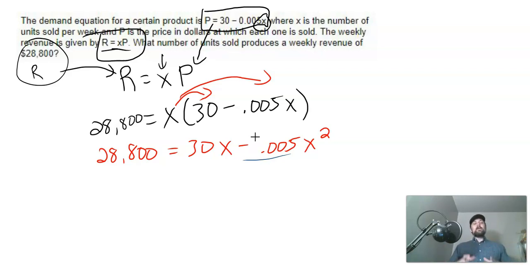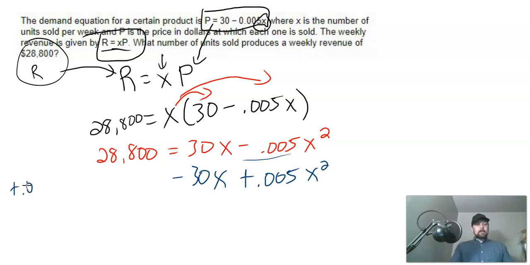So I really prefer myself and would advise my students to always arrange it so that a is a positive number. So even though it might seem like a little more work here, I'm actually going to move these two things back to the left-hand side just for the sake of making this value positive, because I'm going to have to add 0.005x squared, and then I'll have to subtract the 30x, but that makes sure that a is positive.